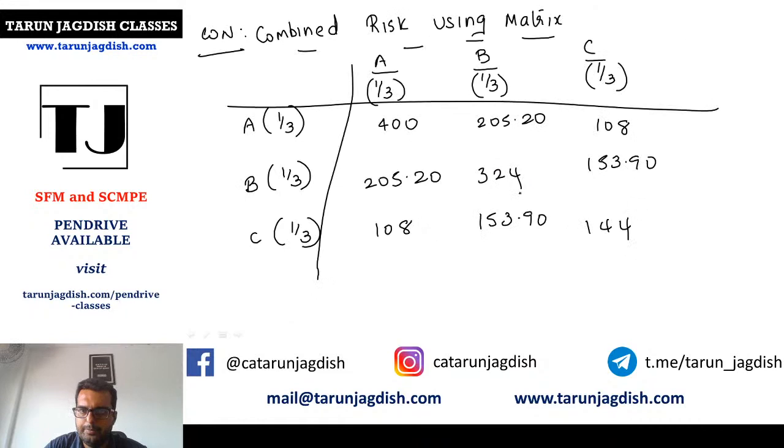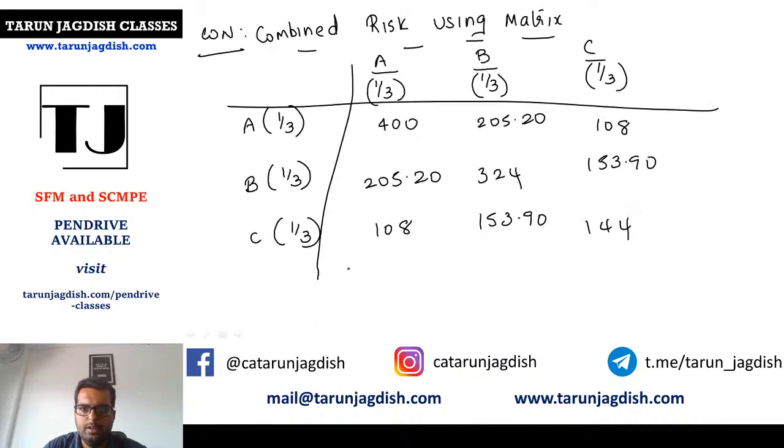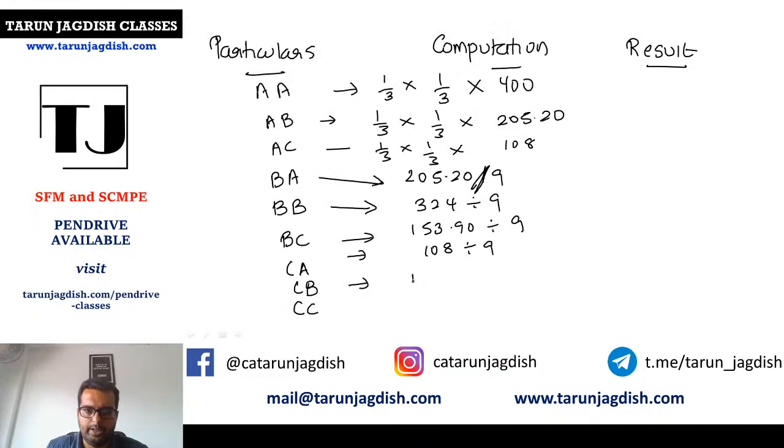CA will be 108 divided by 9. CB will be 153.9 divided by 9, and CC will be 144 divided by 9.